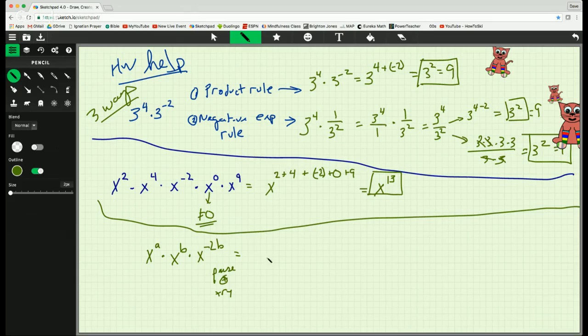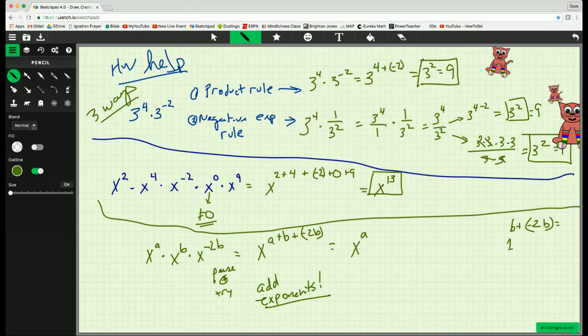Okay, I assume you came back now, and we say, well, we're just going to add our exponents. So we get x to the a plus b plus negative 2b. So that's x to the a, and b plus negative 2b.